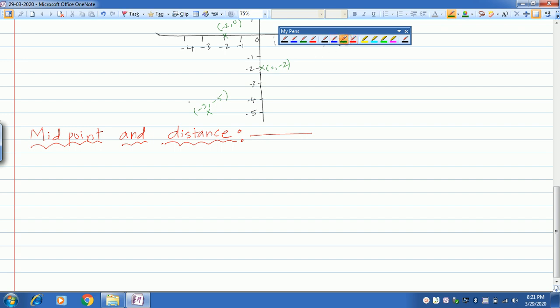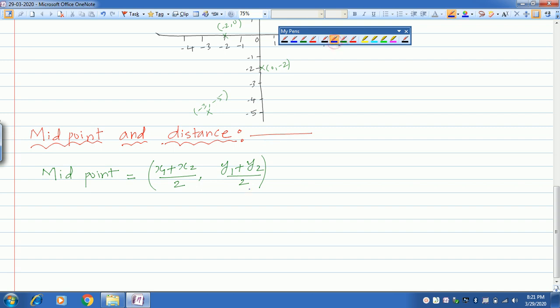First we have to substitute the values. We have to know the formulas of the midpoint. If 2 points are given, what about the midpoint? The midpoint is x1 plus x2 over 2, y1 plus y2 over 2. So this is the formula for the midpoint.